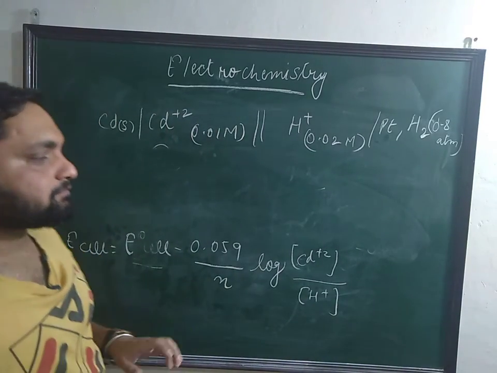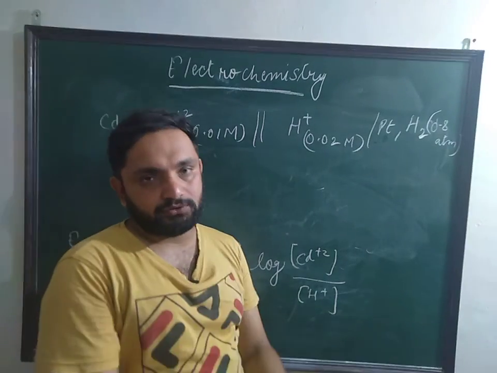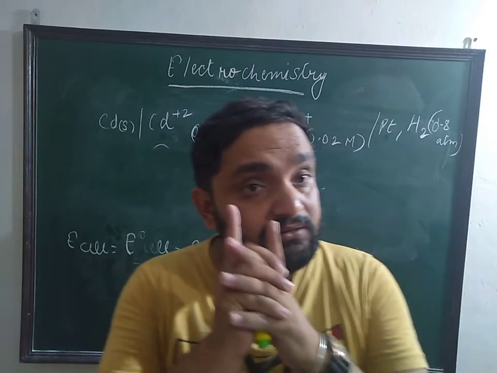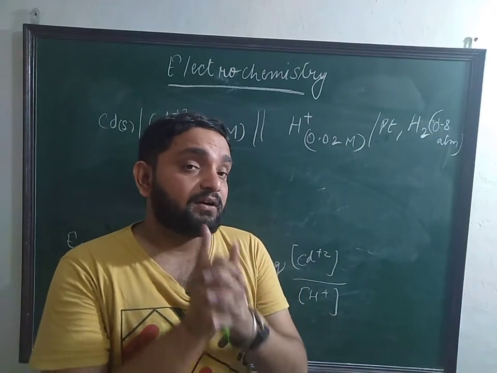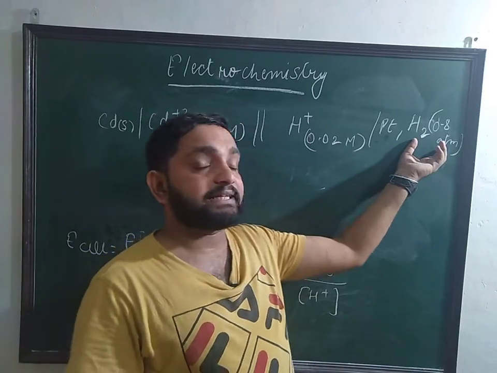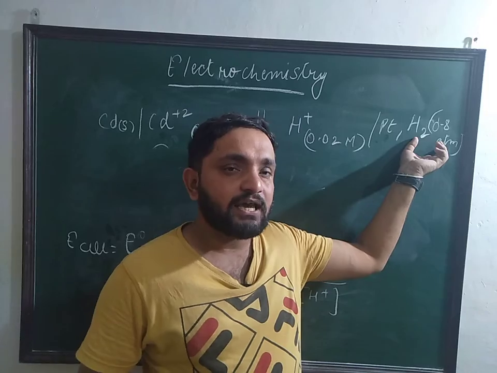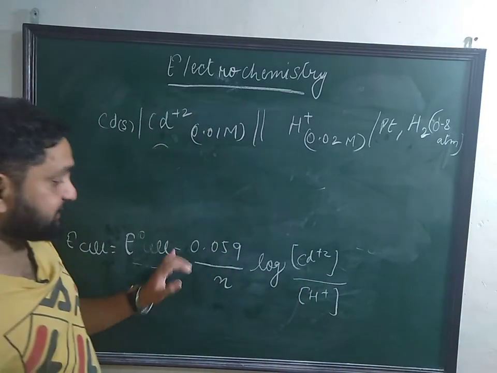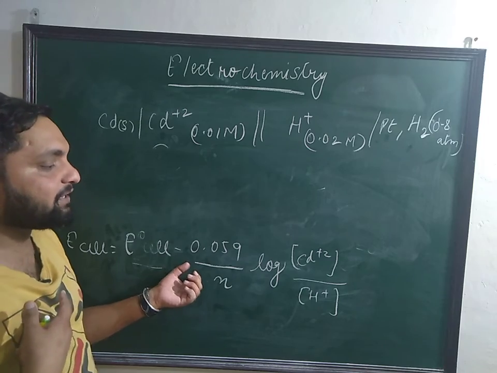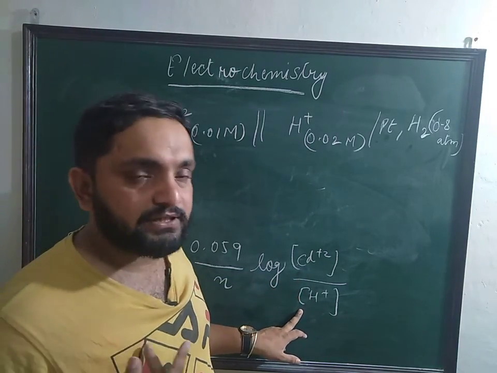But if you are provided with a gaseous electrode, think deeply, there will be a certain pressure of the gas. If you are representing the Nernst equation as I am, in minus form, where the anodic electrolyte is on the upper side and the cathodic electrolyte is on the lower side.